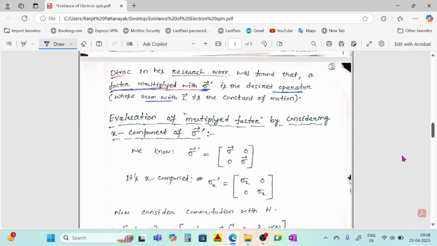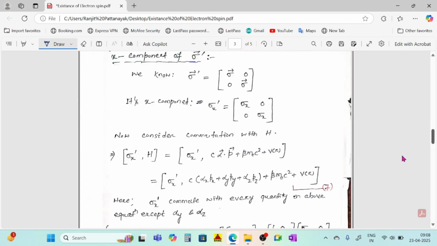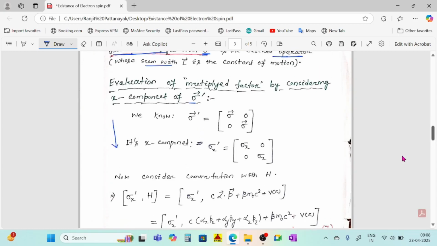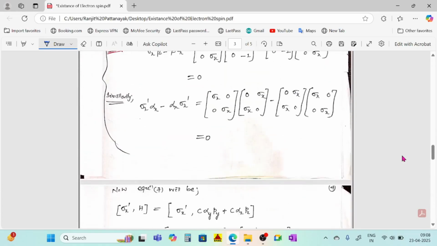Then we have to evaluate the multiplying factor by considering sigma dash. These derivations are not required from the exam point of view, but here I am explaining what I wrote in your note. In future it will be required for you.